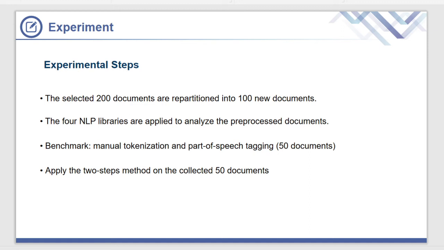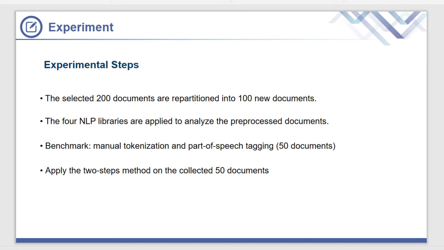Step 3. To obtain the benchmark, 20 students in our group conduct manual tokenization and POS tagging. Due to the limitation of human labor, we only collect 50 documents to build the benchmark. We also perform a cross-validation to identify the controversial spots.